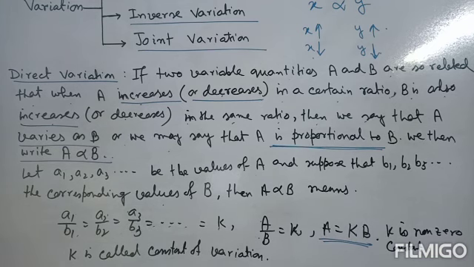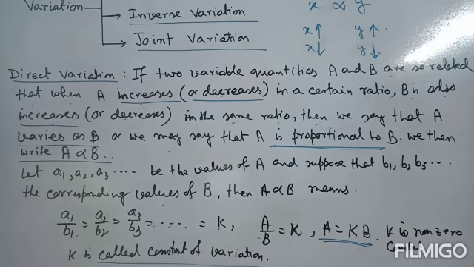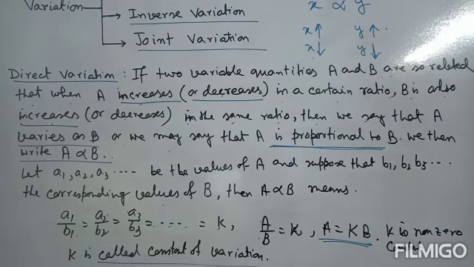This k is called the constant of variation. So x and y are two variables in direct variation, that means x varies as y: when x increases, y also increases, or when x decreases, y also decreases.